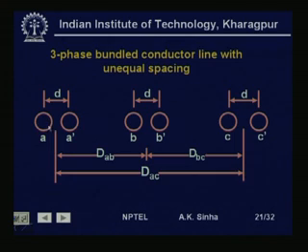So, it will be having QA by 2, this will be having QA by 2, this conductor will be having charge QB by 2, this will be having charge QB by 2, because all of them are of the same kind and same radius. So, C will be having charge QC by 2, this subconductor, and this subconductor will be having charge QC by 2.